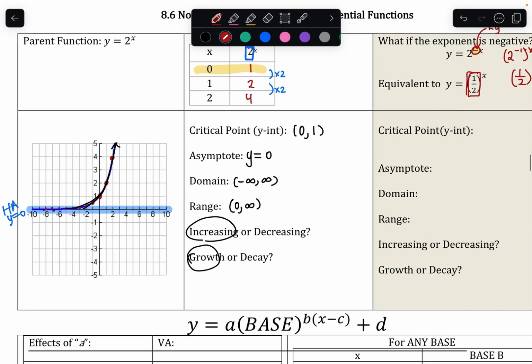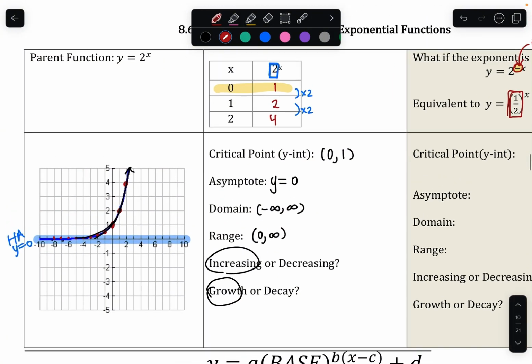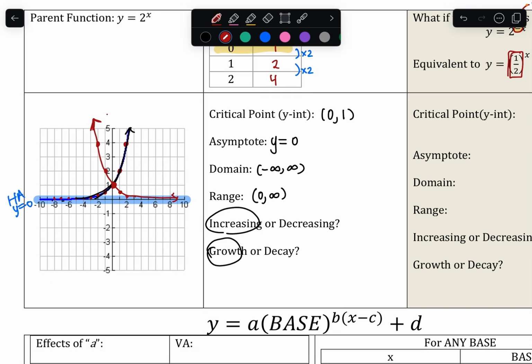And how that ends up looking on the graph is if I were to graph it, I'd still have 0, 1, but I would be cutting in half as I go to the right. So I would then have 1/2, 1/4, and then I would be doubling as I go backwards. And so 2, then 4, and so you can think of it as 1/2 to the x, or you can think of it as 2 to the x reflected across the y-axis.